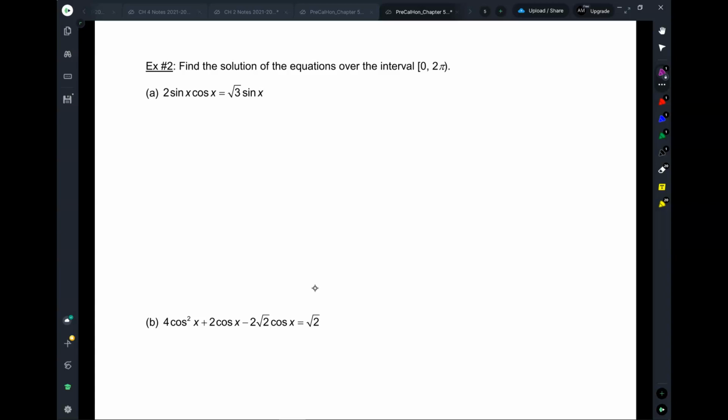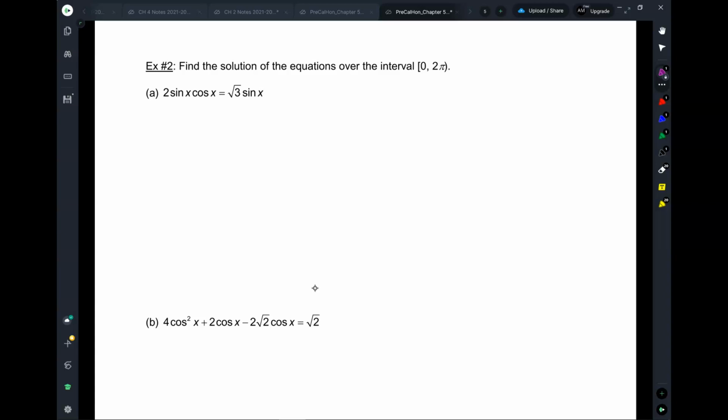Dividing by sine x is mathematically very correct to do. However, when you divide by the sine x, the sine goes away, and so now you've kind of changed the problem. Could you subtract it and factor it? Okay, so that's what we can do.